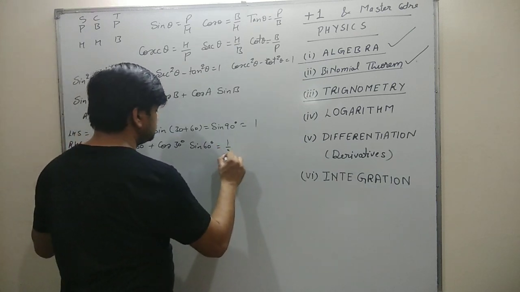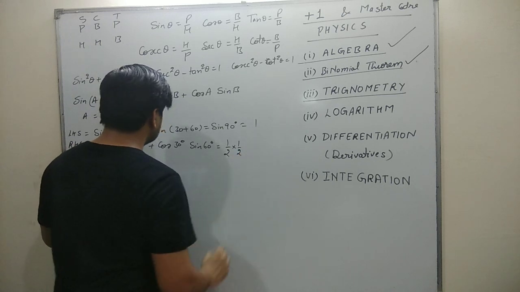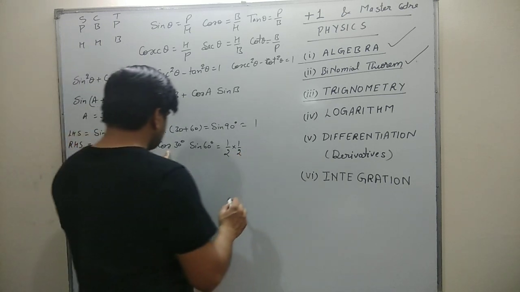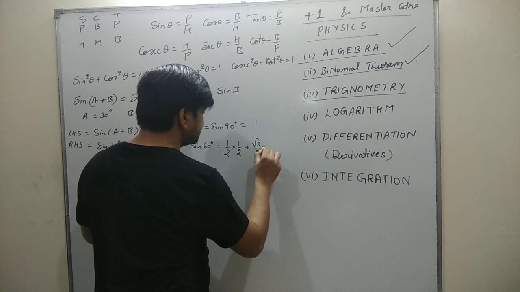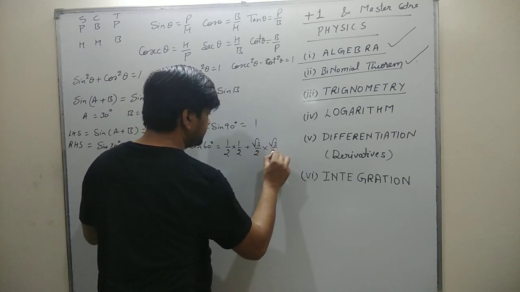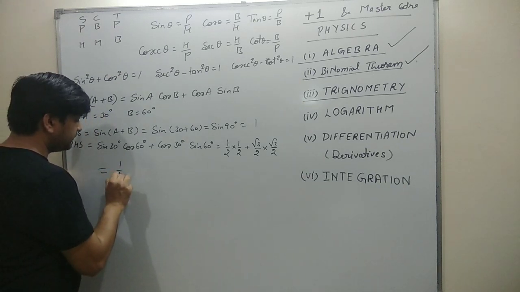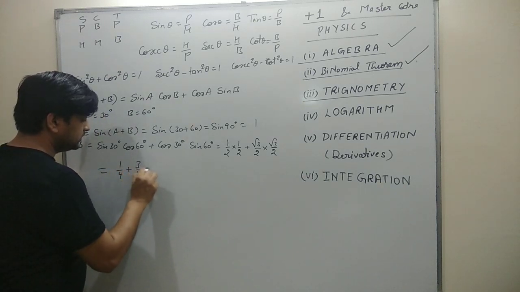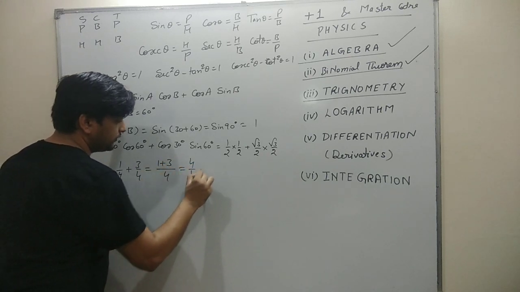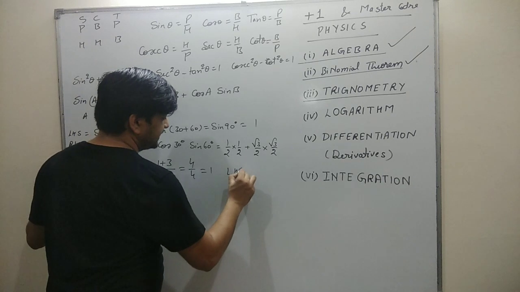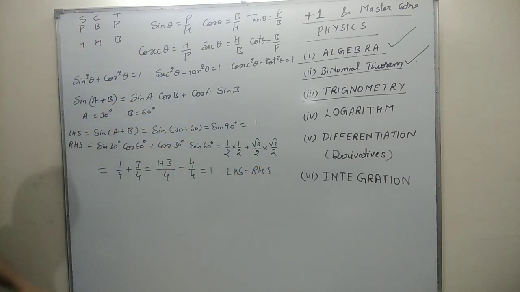Sin 30 is 1 by 2. Cos 60 is also 1 by 2. Cos 30 is root 3 by 2. Sin 60 is also root 3 by 2. So this becomes 1 by 4 plus 3 by 4, which is 4 by 4, that is 1. Left hand side is equal to right hand side. So this is the formula.